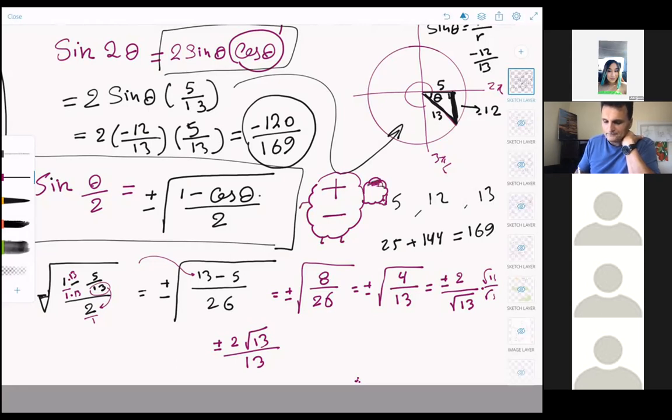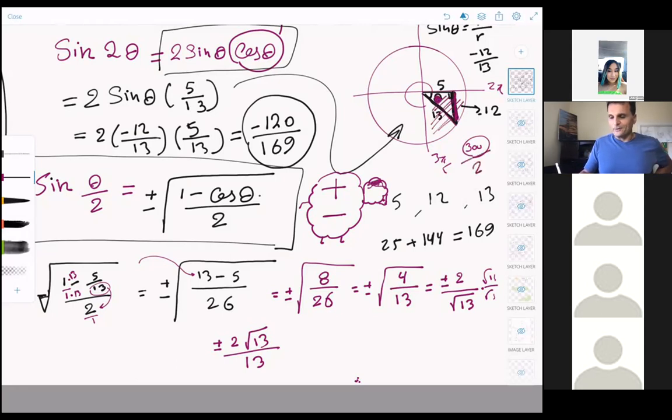Anybody else? Plus or negative? Where is theta? Theta is here, correct? In quadrant 4. In quadrant 4, sine is negative.